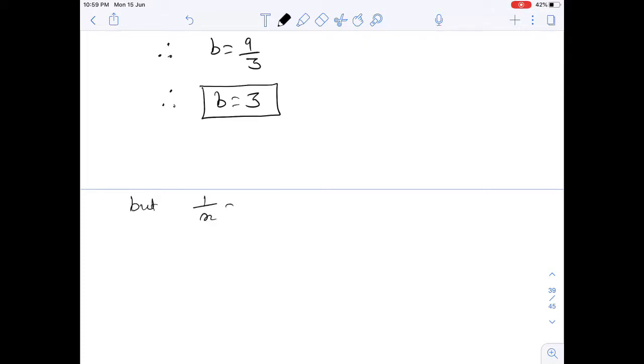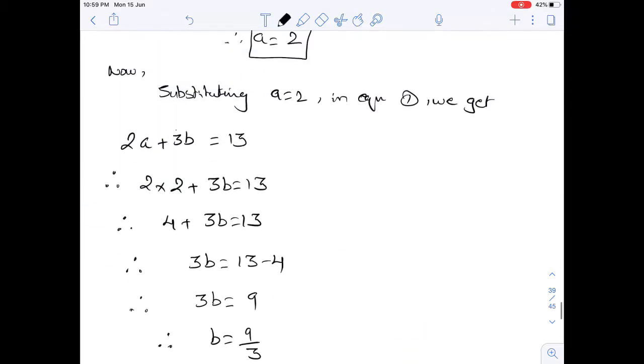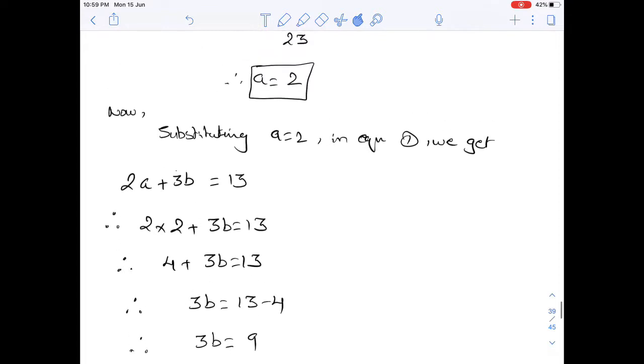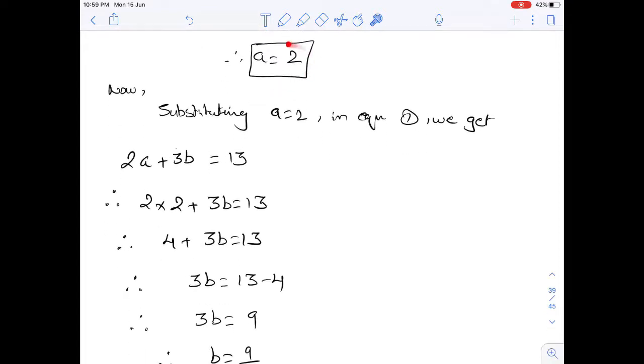But 1 upon x equals a and 1 upon y equals b. Therefore 1 upon x equals, now instead of a, you will write the value of a which we got from here, that is 2.